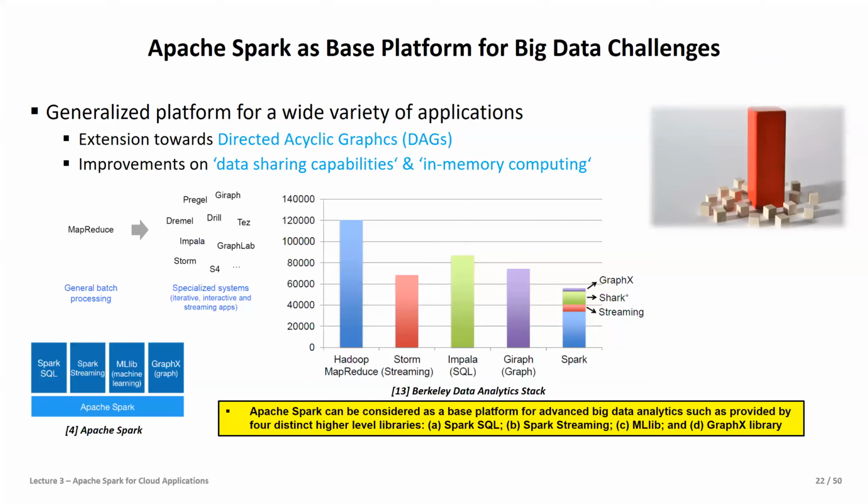You have Pregel, for instance, you have Storm, you have streaming support. And this is all interesting when you look at them. Because it is so nicely integrated into Spark, you see in this graph that the performance is usually quite nice by having Spark underneath it.